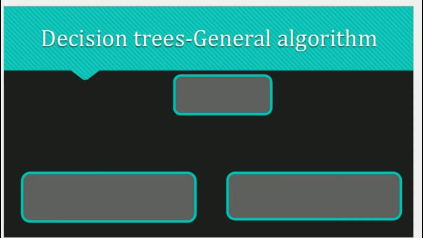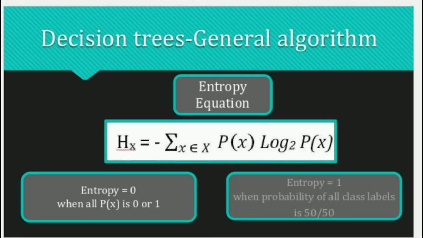So, entropy is the most important step in decision tree construction. Here we are given a class X with label x, where small x is an element of X. Considering the probability of x, the equation illustrates that the entropy H(X) will be 0 when the probability of x is 0 or 1.